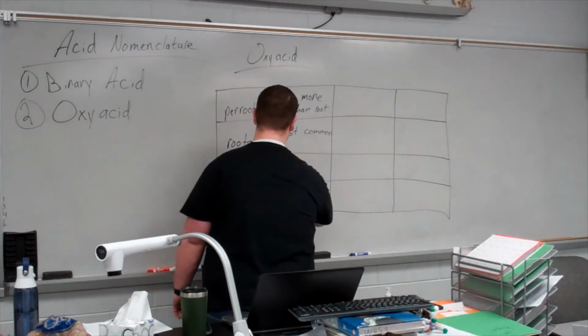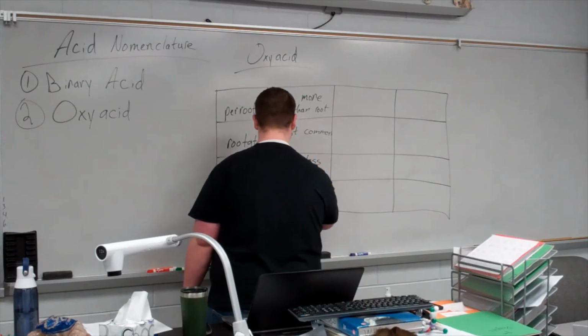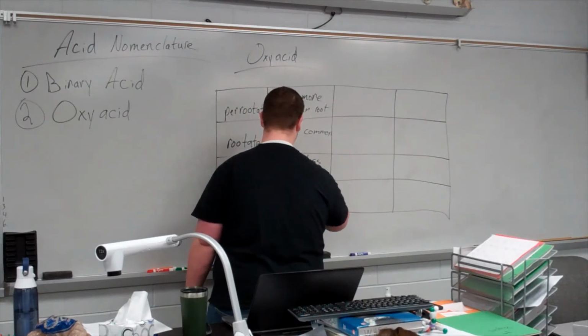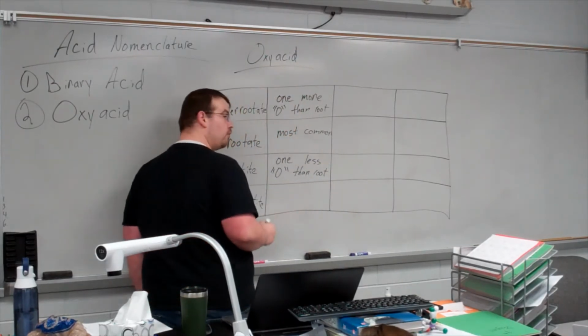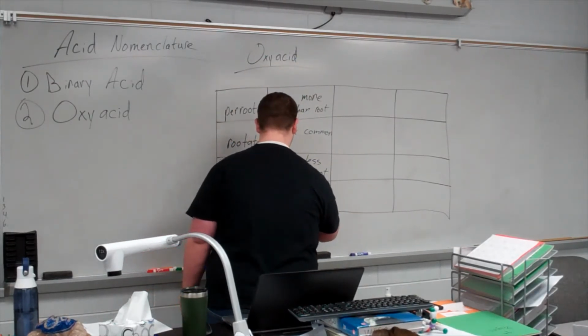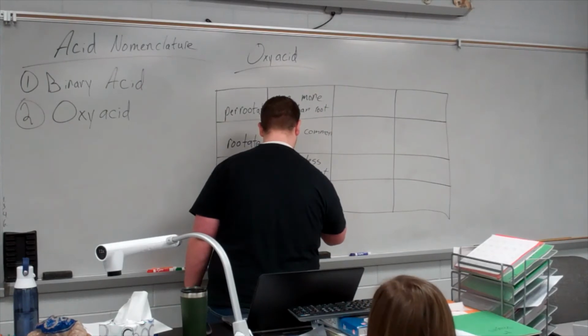Root-ite is one less oxygen than root-ate. And hypo-root-ite was two less oxygen than root-ate.